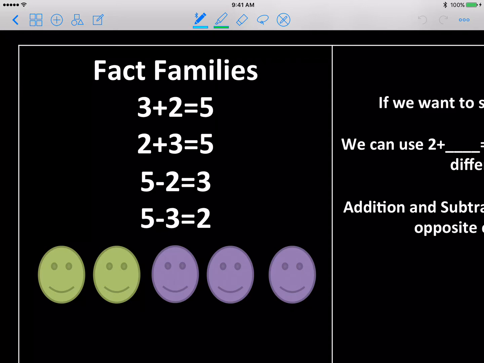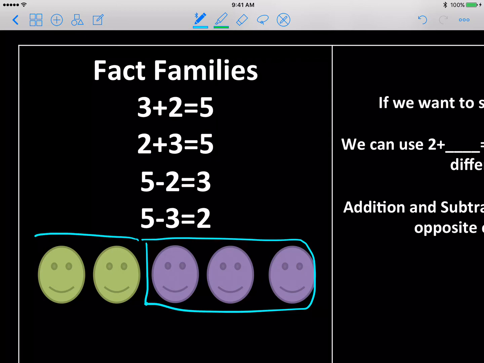So let's look at this. If I have 3 smiley faces and I add 2 more, so 3, 4, 5, I have 5 total. That is the sum, or the answer to an addition problem. The answer to an addition problem is called the sum.